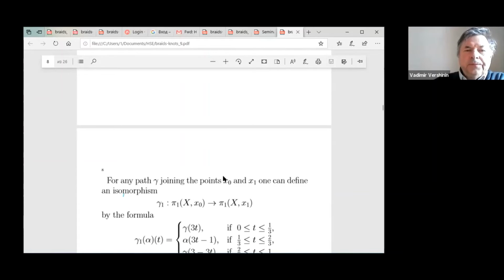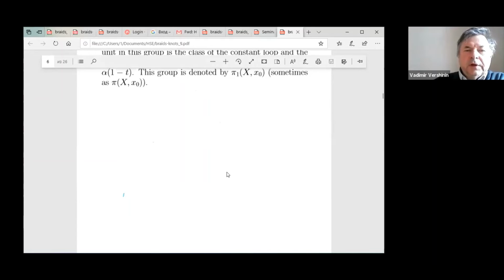So formally, if you have a loop in your space, this is alpha, and here another one, just a constant. This loop, which is a composition, is what? You are going half the time this way, and then you are standing.